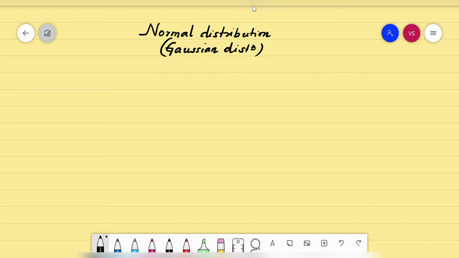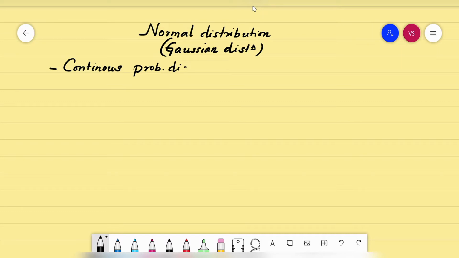So, this normal distribution, number one, I call this a continuous probability distribution.